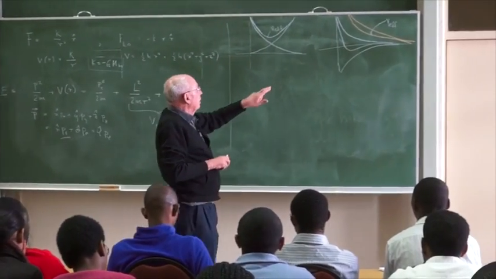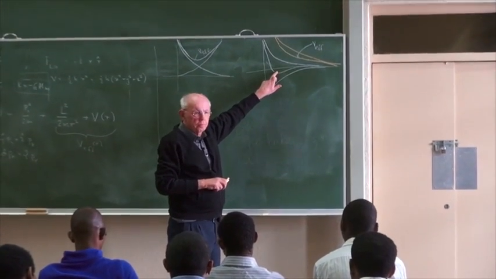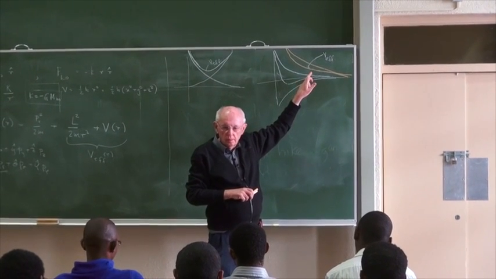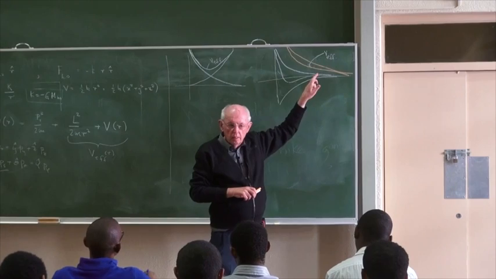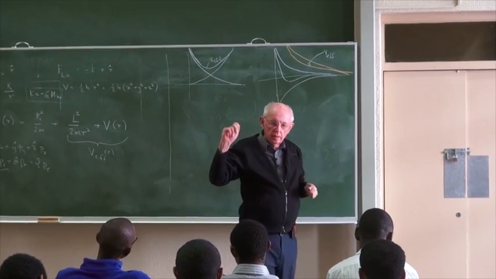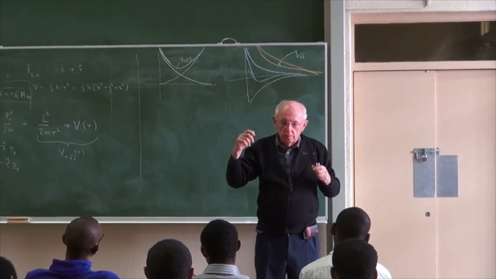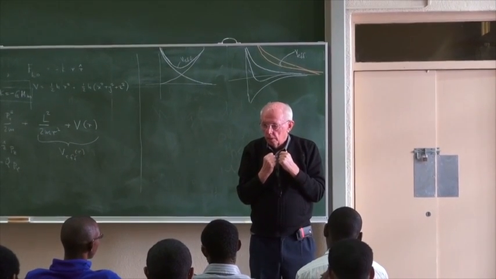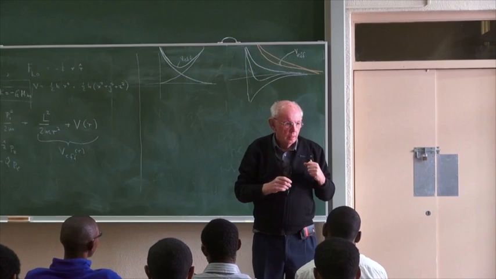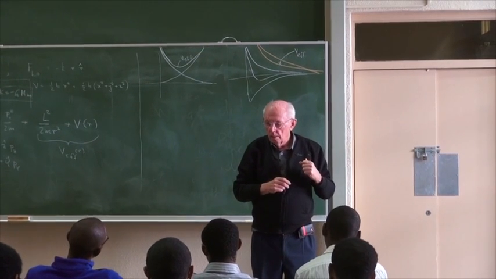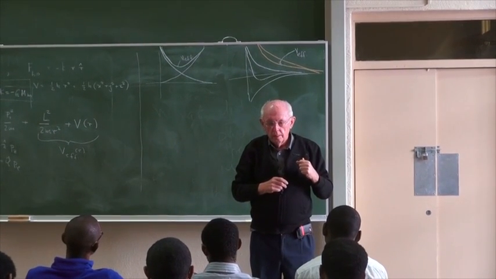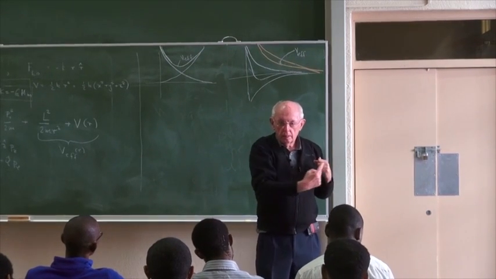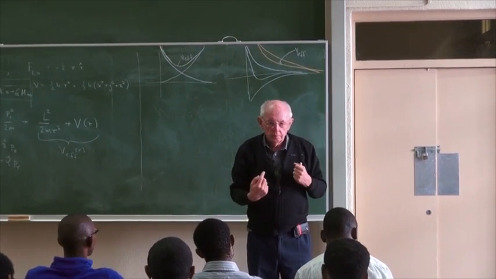We said here it was bound, and there, of course, it's not bound. It's free. So that means if this thing has too much angular momentum, the force is not enough to hold it, and so it flies away. And so it is not in an orbit around, say, the sun.